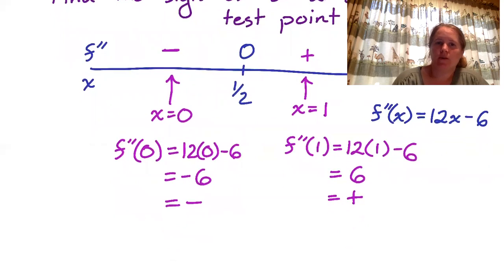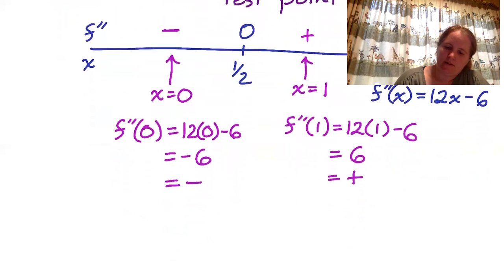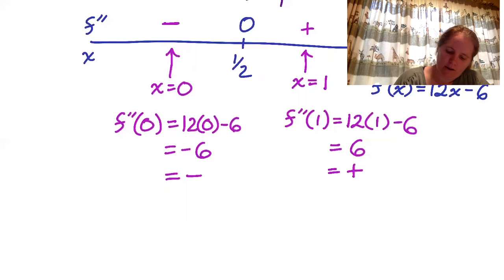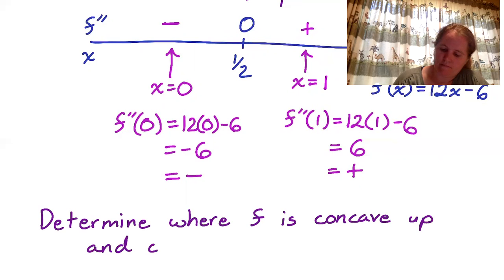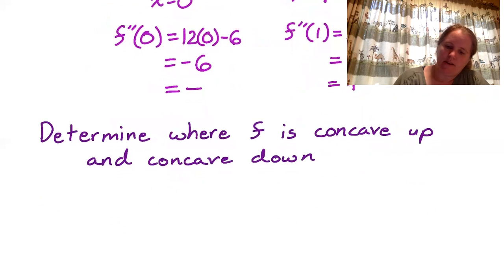At this point, we are going to determine where f is concave up and concave down. So again, drawing our number line one more time.